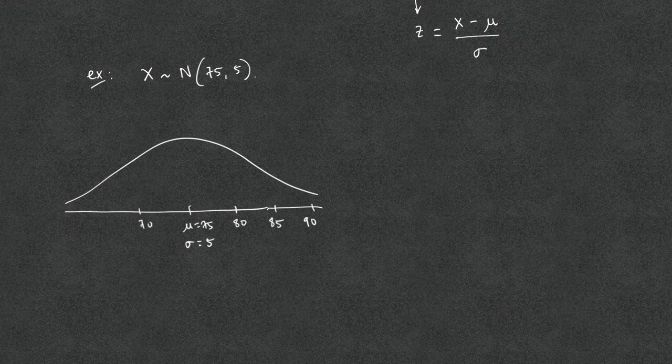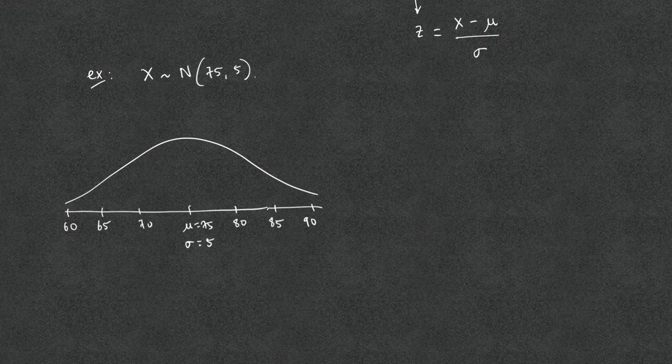This is 70, this is 65, and 60. These are 1, 2, 3 standard deviations to the right, and 1, 2, 3 standard deviations to the left from the center, which is where the mean is located.